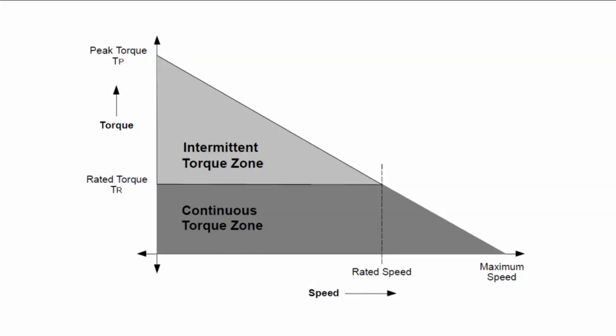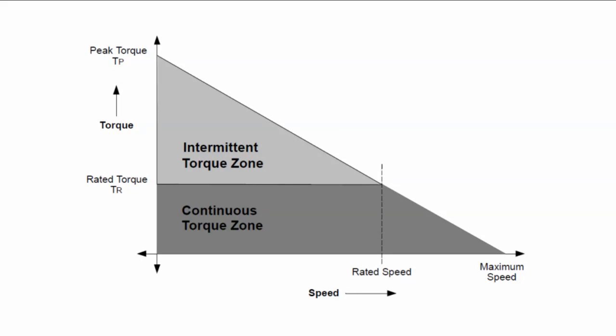In a BLDC motor, the torque remains constant for a speed range up to rated speed. The motor can be run up to the maximum speed, which can be up to 150% of the rated speed, but the torque starts dropping.